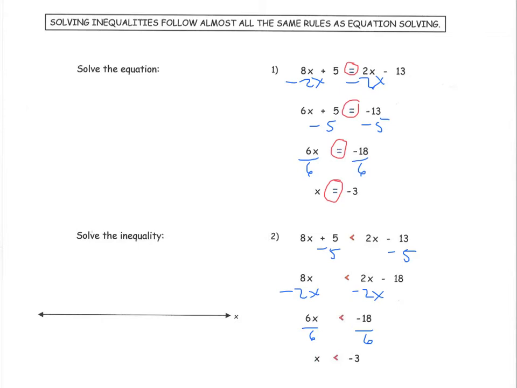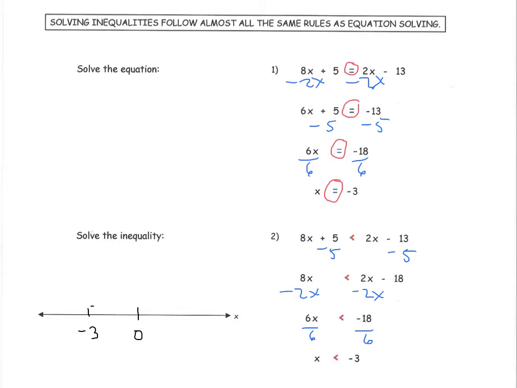The only difference between solving equations and solving inequalities is that because x less than negative 3 includes very, very many numbers, we like to put the answer on the number line. Here's what it would look like. First, we want to put a 0 somewhere in the middle of the line, and then mark off negative 3 to the left.